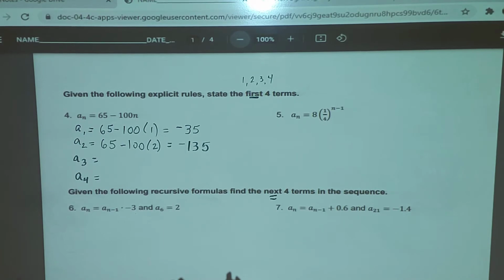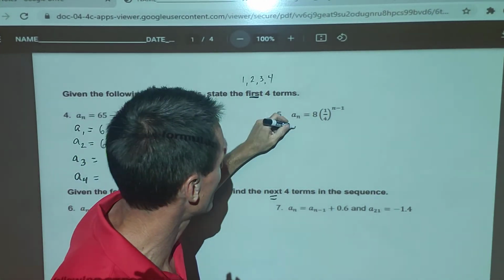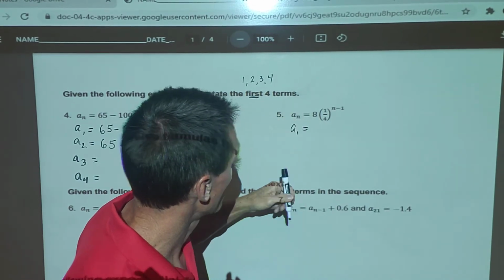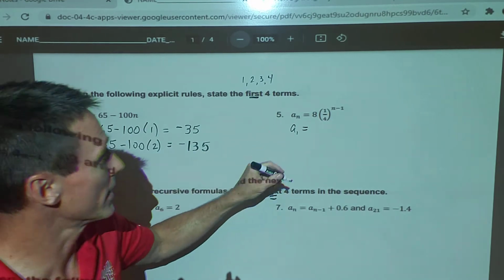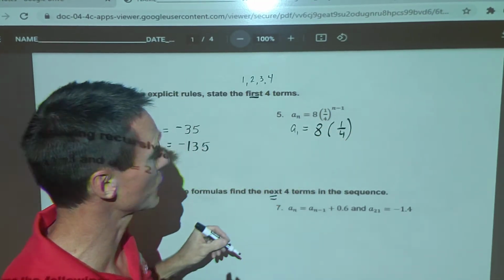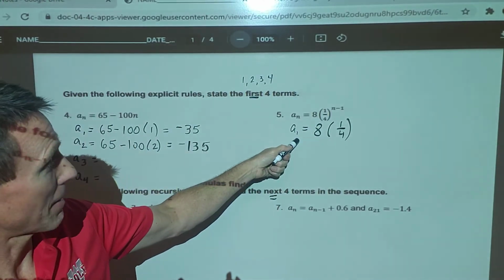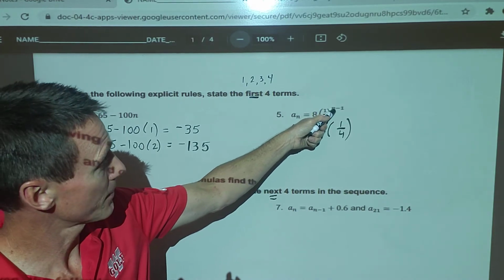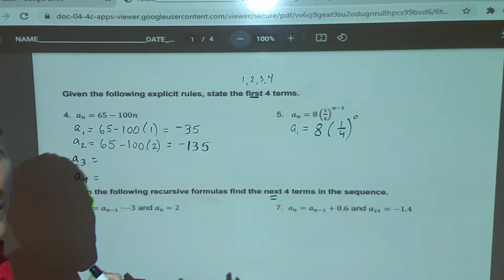Problem 5, let me help you get this started. So first four terms, again, would be term 1. We will replace this variable, this n, with a 1. So our rule is 8 times 1/4 raised to the n minus 1. Well, if n is 1, 1 minus 1 is 0.